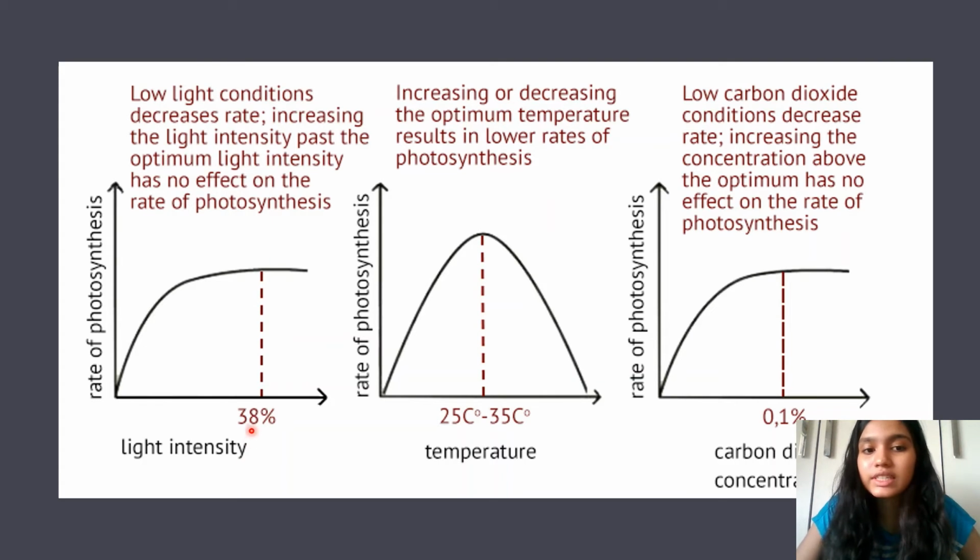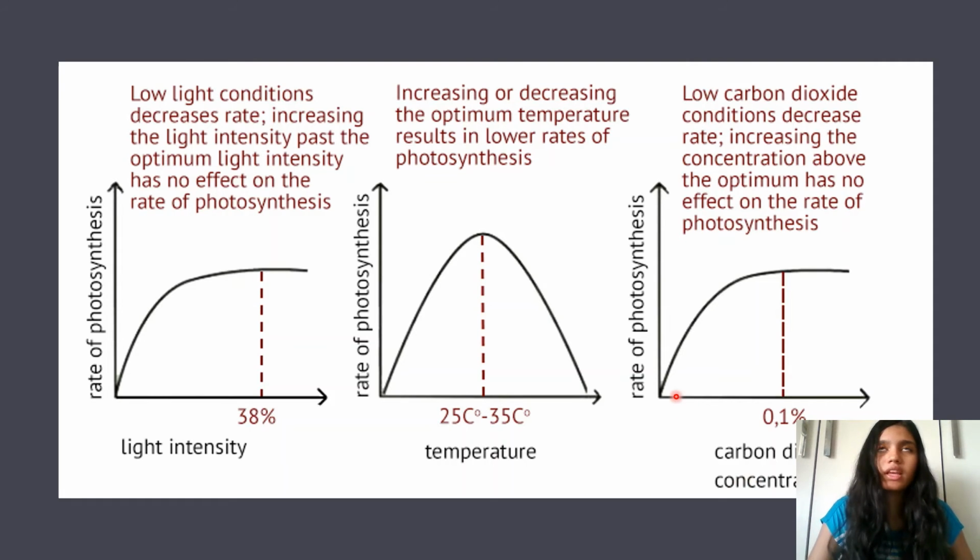However, where the graph levels off, important term to use in your answers, levels off or flattens, it is not the limiting factor anymore, which means more light intensity is not going to increase the rate of photosynthesis and less light intensity will not decrease the rate of photosynthesis. It has leveled off. Okay, so when the graph levels off, light intensity is not the limiting factor, but temperature, carbon dioxide concentration, or even the amount of chloroplasts available could be limiting factors.